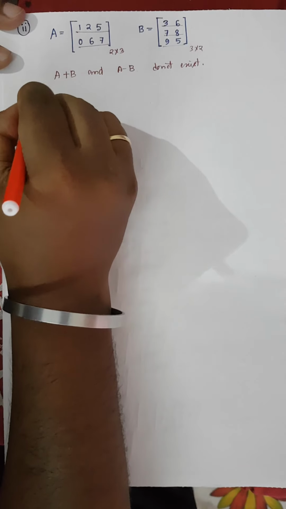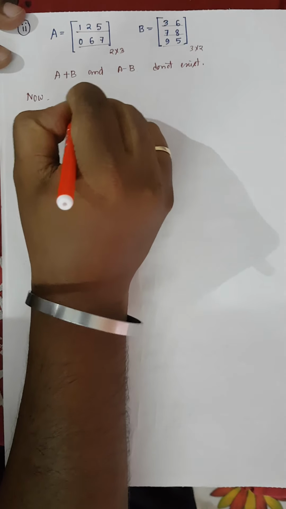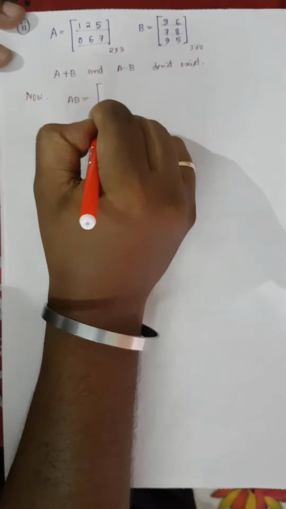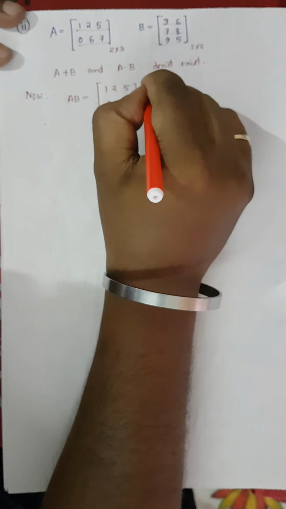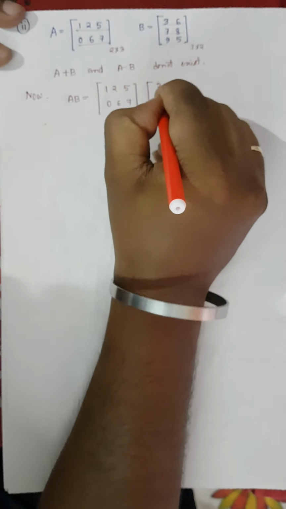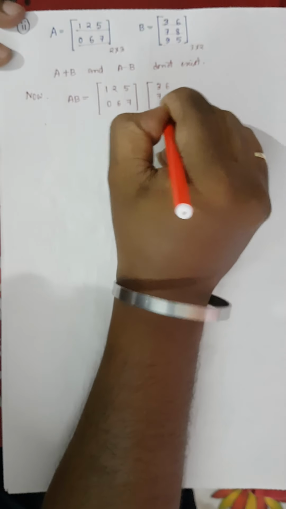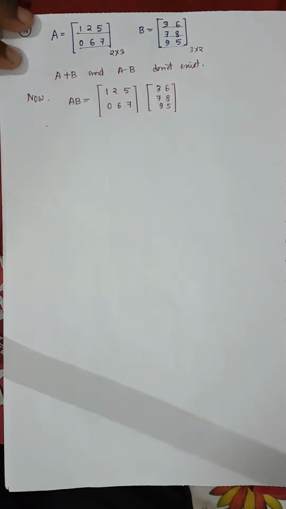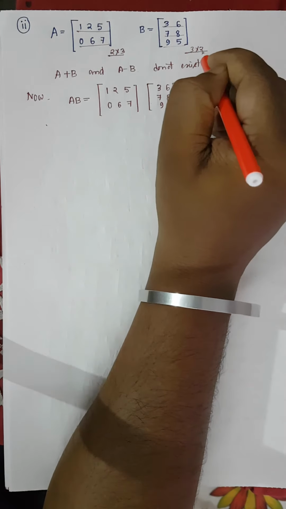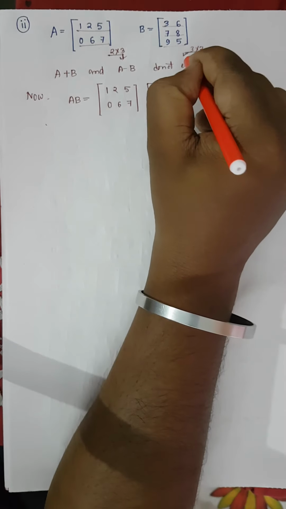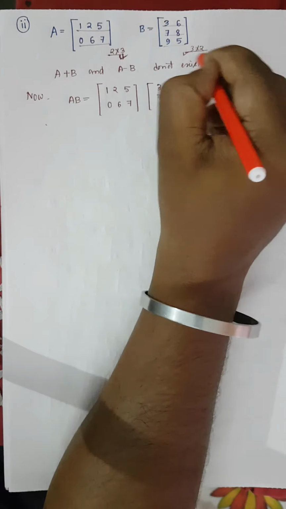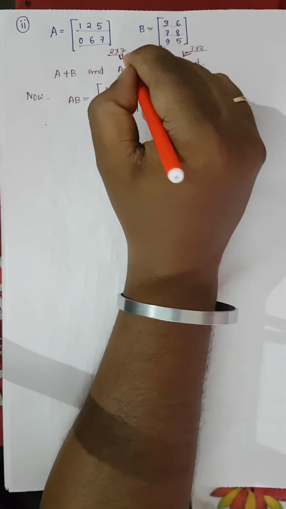Now let me find AB. How to find AB? A is 1 2 5 0 6 7 and your B is 3 6 7 8 9 5. Now you see your matrix A is of order 2 by 3 and matrix B of order 3 by 2. The number of columns of A and the number of rows of B are equal, 3 and 3.